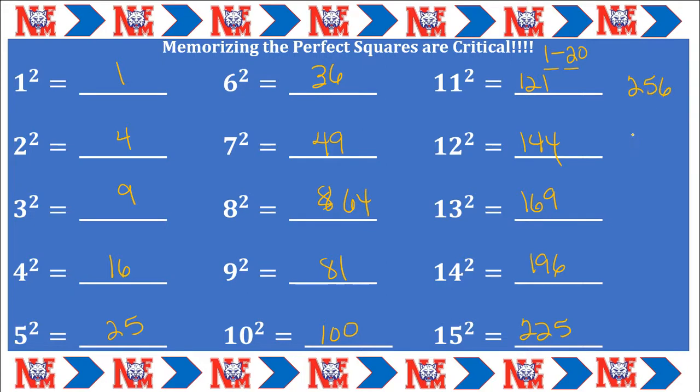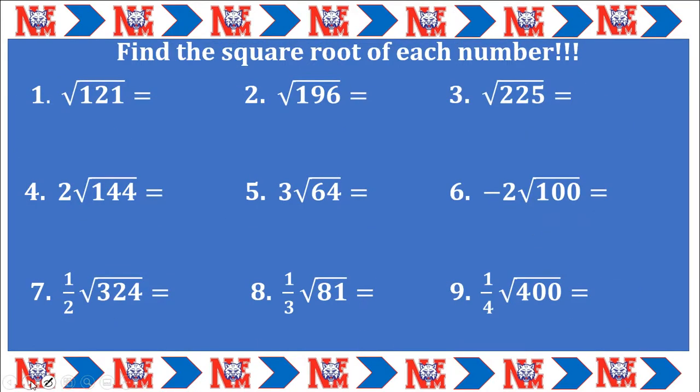And then 17 squared is 289. And then we have 324, 361, and 400. So these are the numbers you need to have memorized.